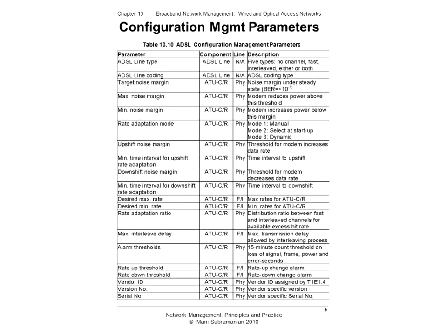These are the configuration management parameters. Here we have various parameters that are to be managed for configuration, and this table lists the components that the parameter is associated with, as well as whether it includes the physical line or fast or interleaved channel, and the description is also given accordingly.